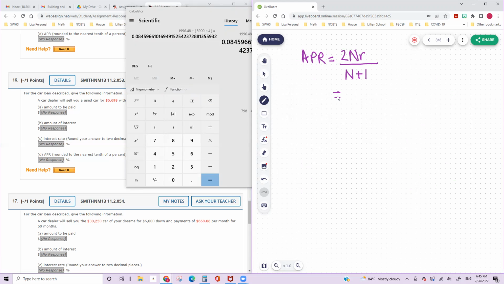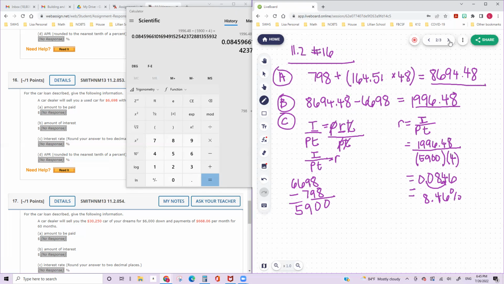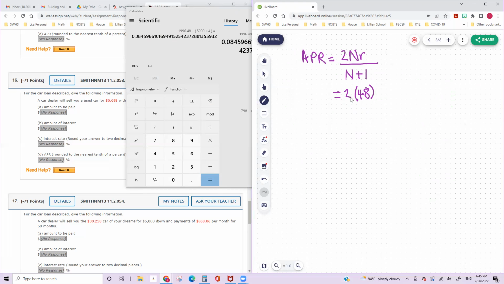So we need our rate, and then we just plug everything into this. So this would be 2 times 48, because that's how many payments we're making. The rate was 8.46, so that would be 0.0846, divided by 48 plus 1.